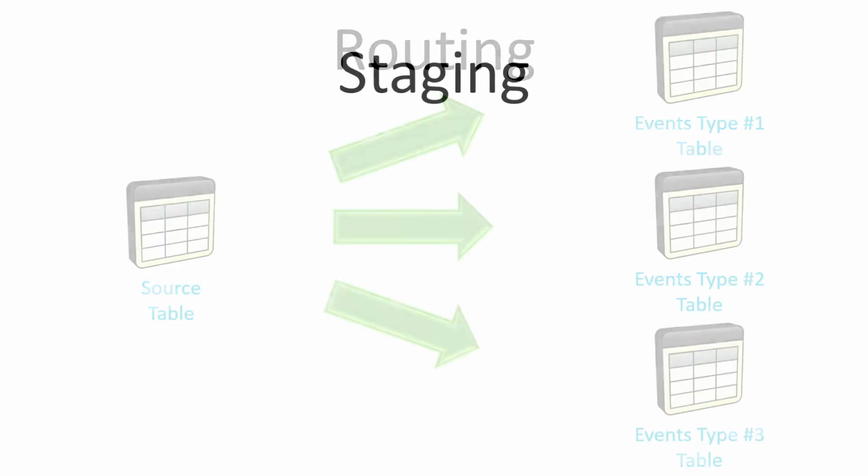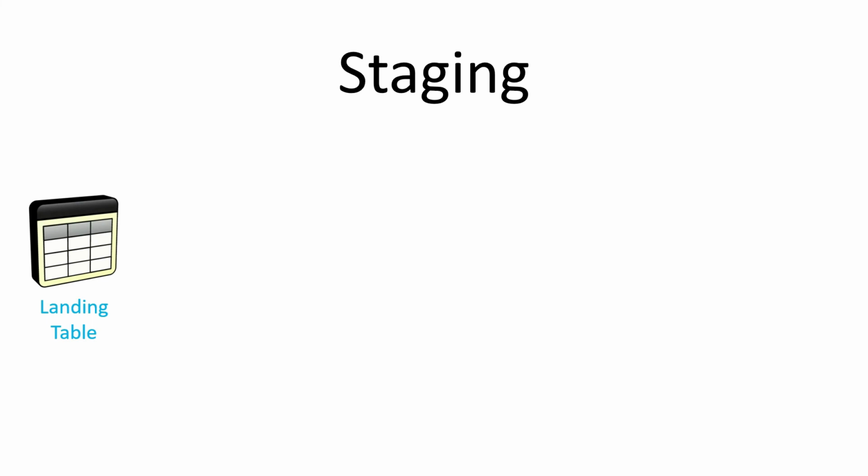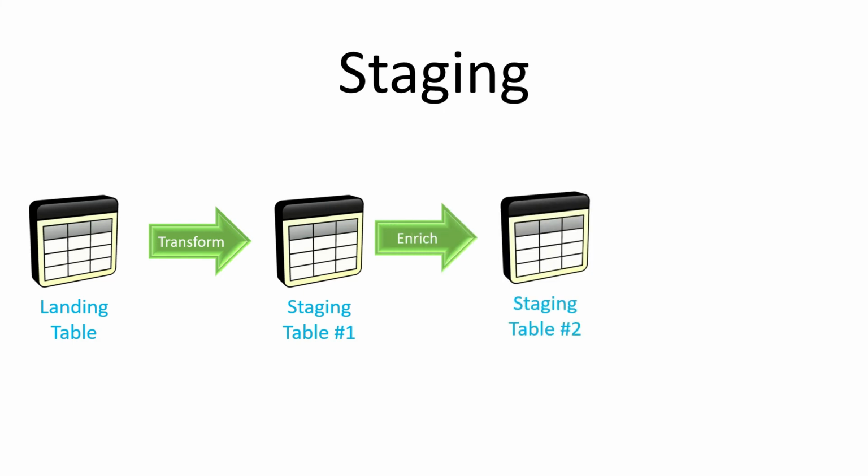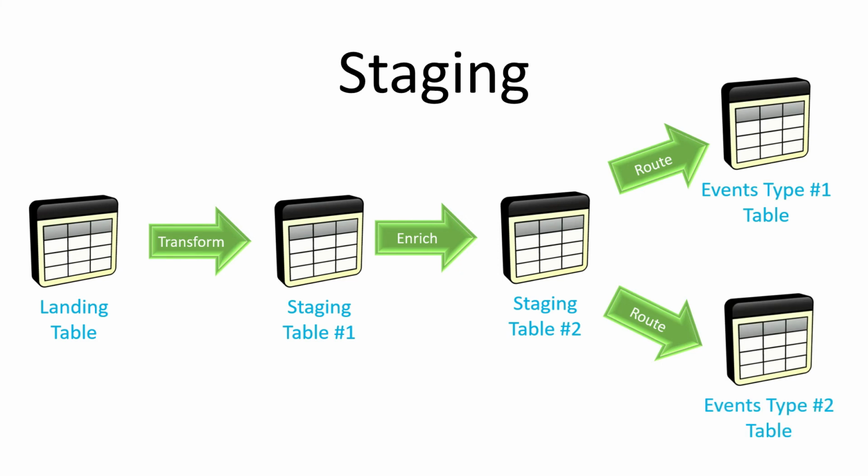The last pattern we're going to look at is staging. It's basically combining the previous patterns that we looked at. This is very typically done in complex scenarios where you have a landing table where you ingest your raw data coming from Event Hub, blobs, Logstash, or whomever. You transform it into a first staging table, so you parse your data, then you enrich it to drop it into another staging table, and finally you route it into the final table.